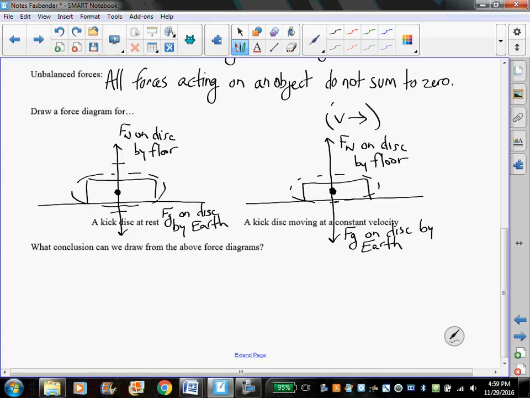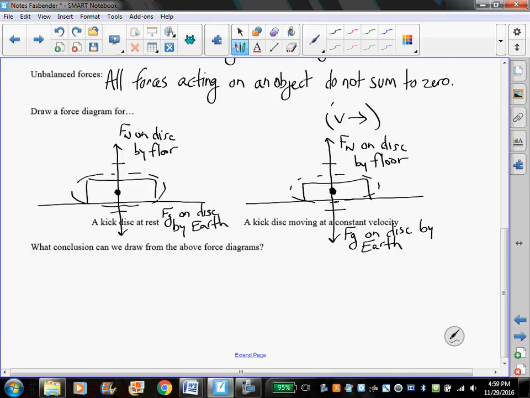And right now, when it's moving at a constant velocity, nobody's pushing it anymore. We already pushed it, right? We pushed it to get it started, but this snapshot is when the thing is moving. So there's nobody's hand on this kick disc. So there's no applied force either.